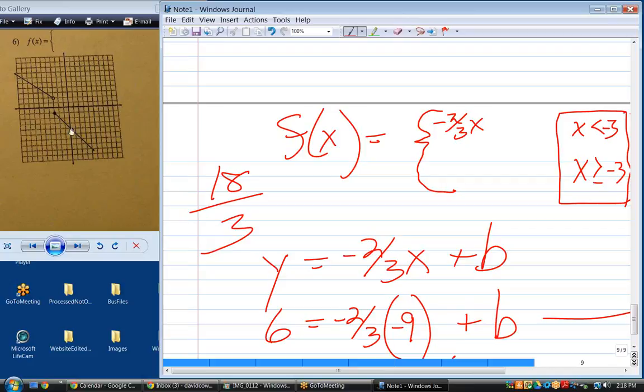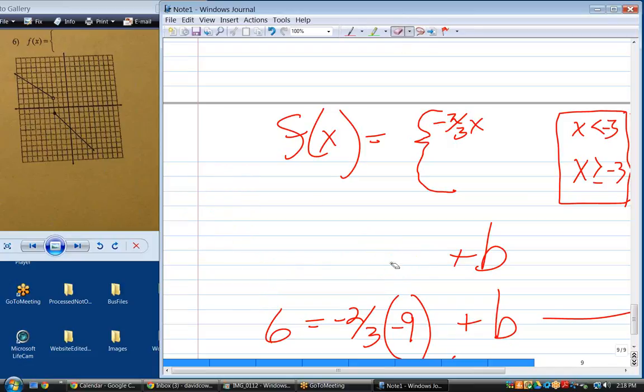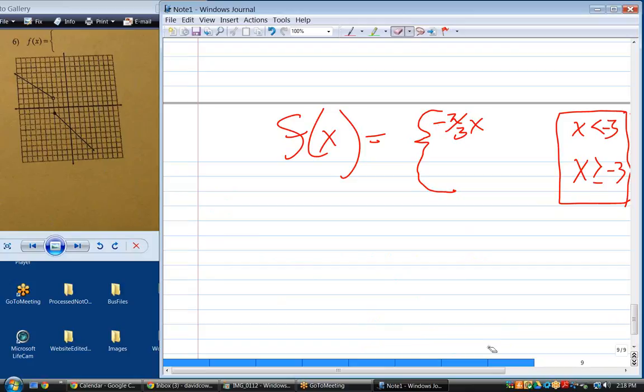So now we need the equation of this line. Well, this is going to be a little bit easier because it's usually not that hard to figure out slope. Let's figure out slope. What's the slope on that line? It is 1.